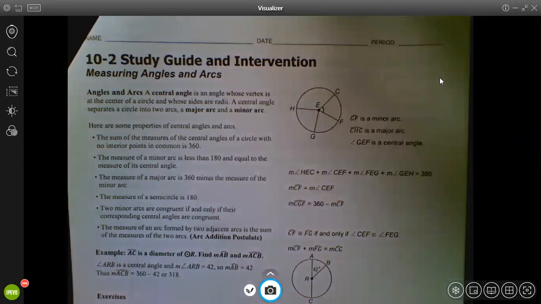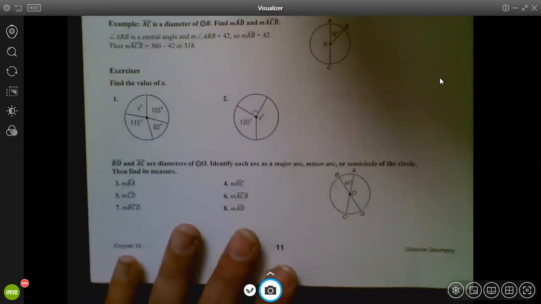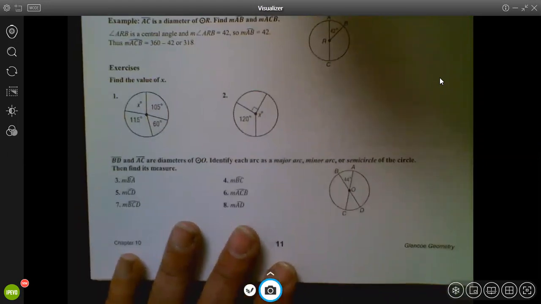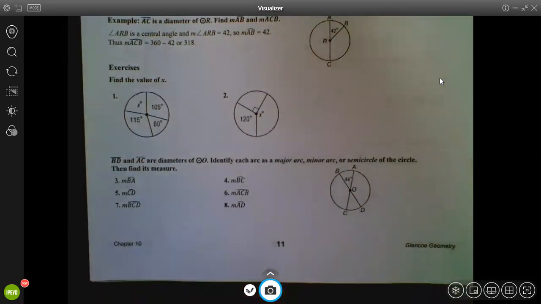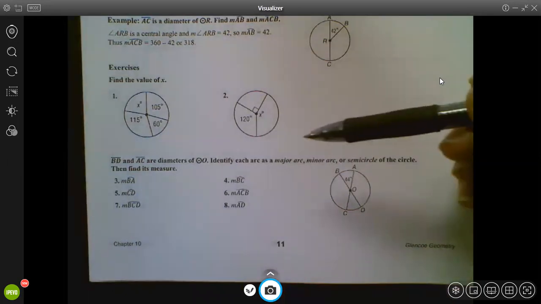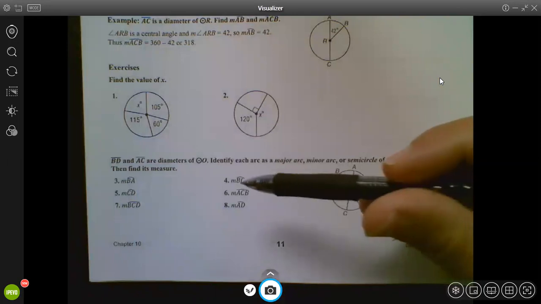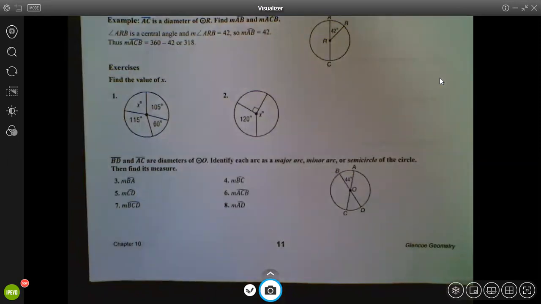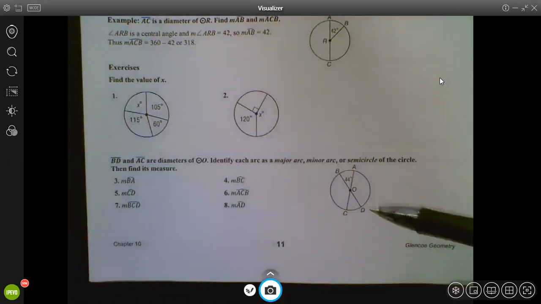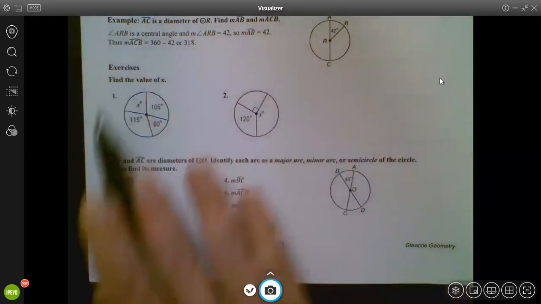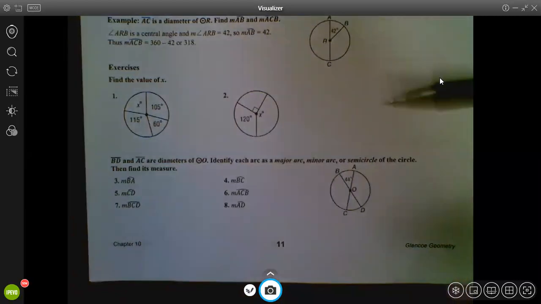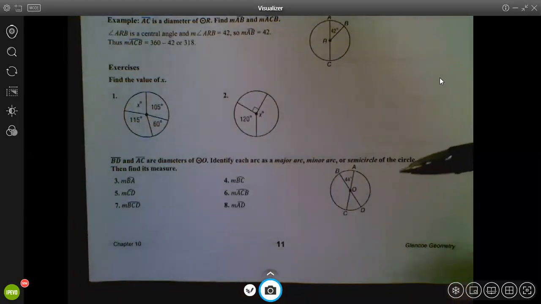All right, let me go down a little bit. So we're going to start by looking at these first two exercises. A lot of these are just going to be identifying a value for X, whether it's a central angle. Some of these is going to be the measure of an arc, but we're just kind of identifying the degrees of all this stuff. So guys, everything on this page that you're seeing in front of us, they're all talking about degrees.